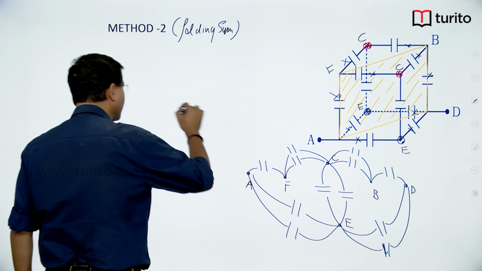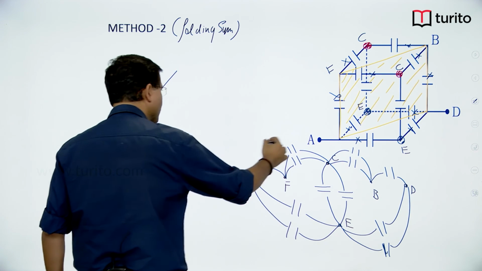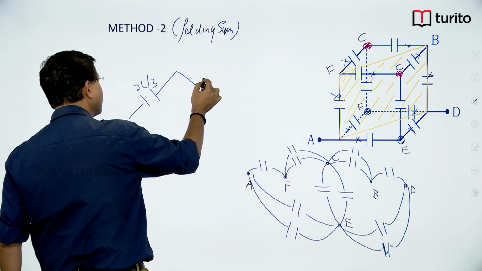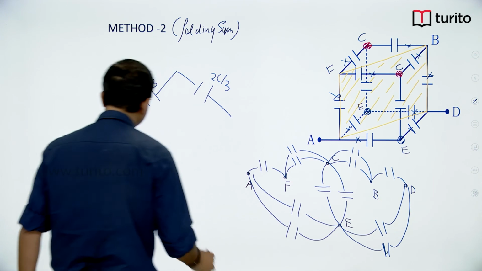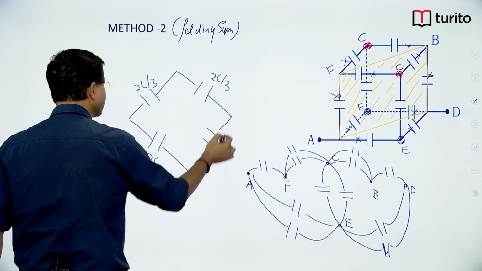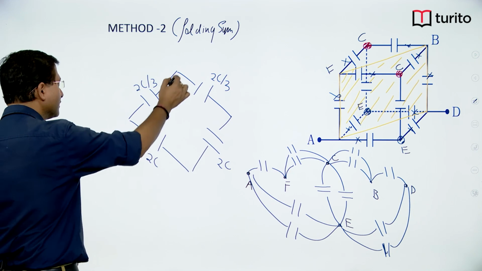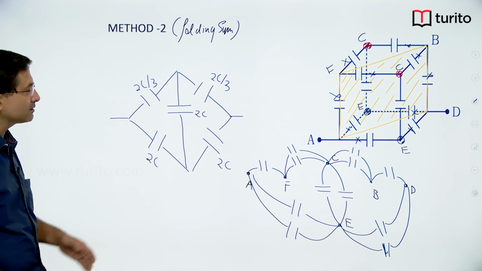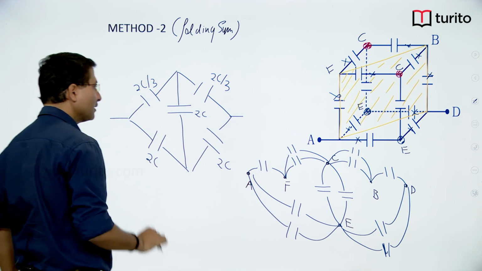Now I am directly drawing, this is 2C by 3, this whole thing being the 2C and C parallel combination. Similarly 2C by 3, this is 2C, this is 2C, this is again 2C. As you can see, this one upon this one is equal to this one upon this one. There is no role of this capacitor, so I can remove it.